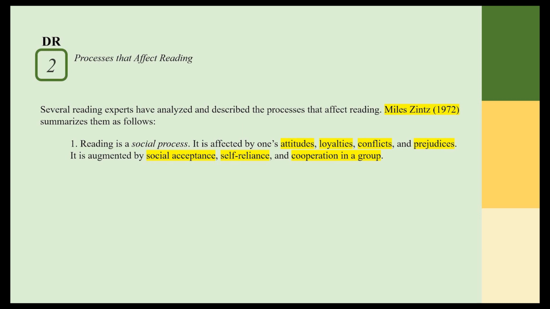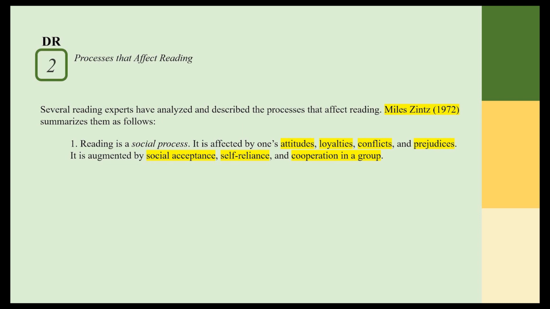For the first one, reading is a social process. When we say social, what usually enters our minds is the way a group of people interact with each other. It's not just something that happens within the mind of a person.